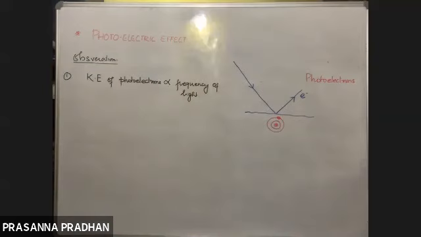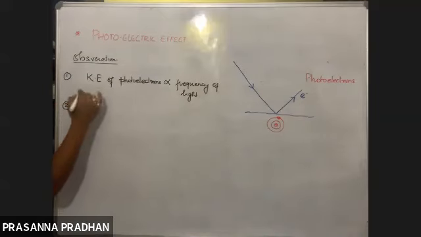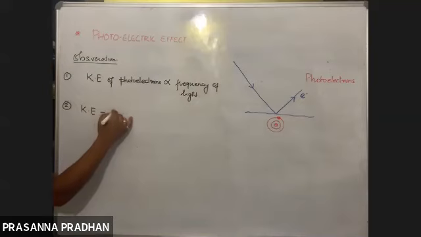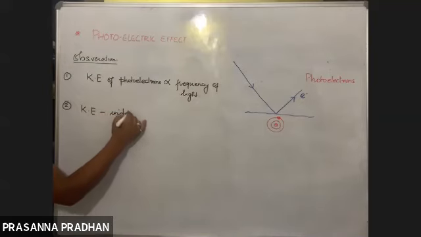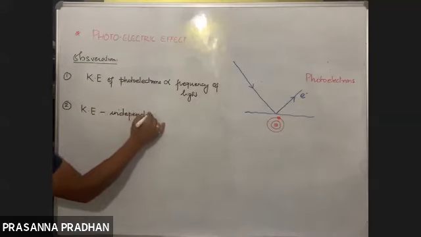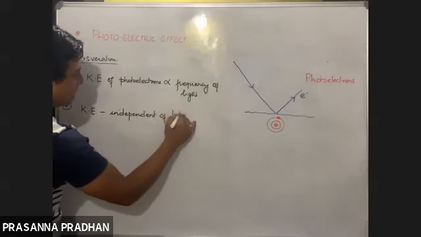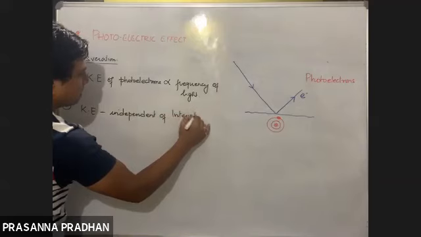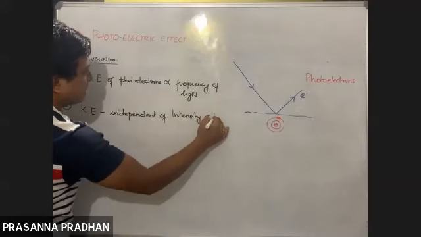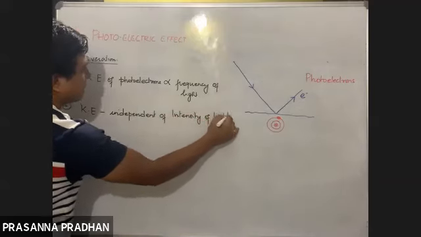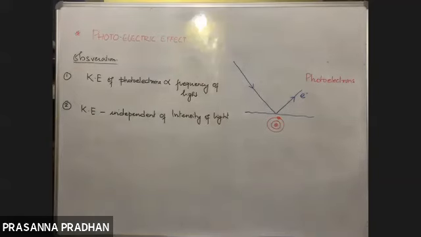Okay, and number two, the kinetic energy of photoelectrons was independent of the intensity of light.